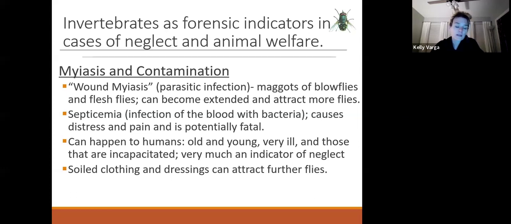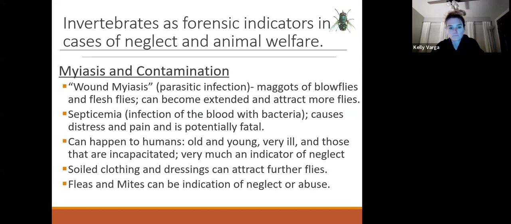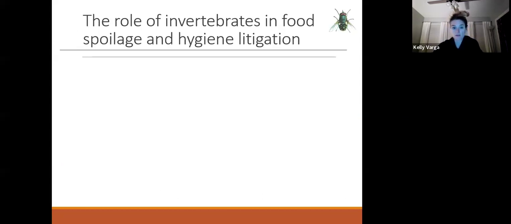Soiled clothing in unsanitary conditions can also attract different flies and things of that nature. And as we mentioned, fleas and mites can be an indicator of neglect and abuse.